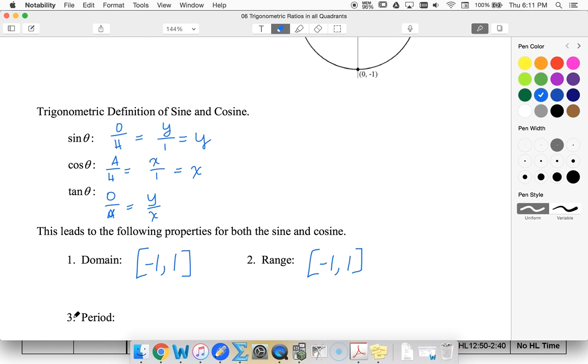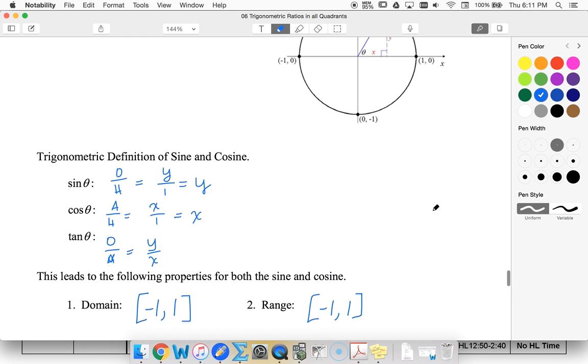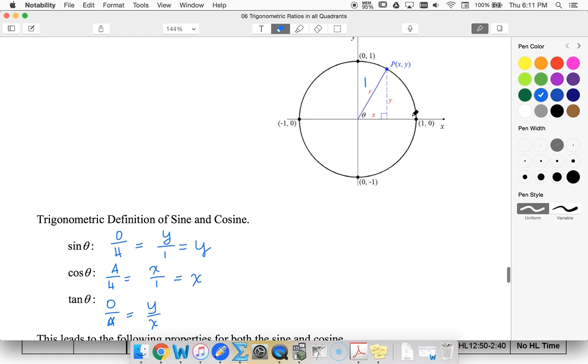My period is when my values start to repeat. So notice that if I'm thinking about my x values, going around the circle, I start at 1, get to 0, and then go to -1 before I start repeating.